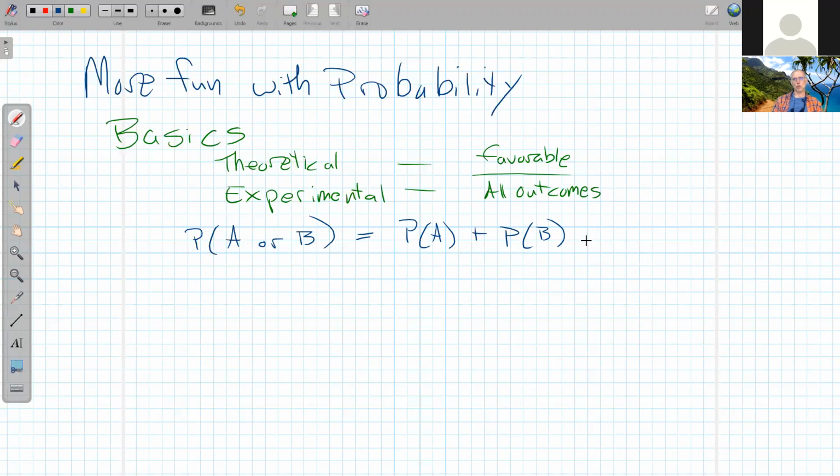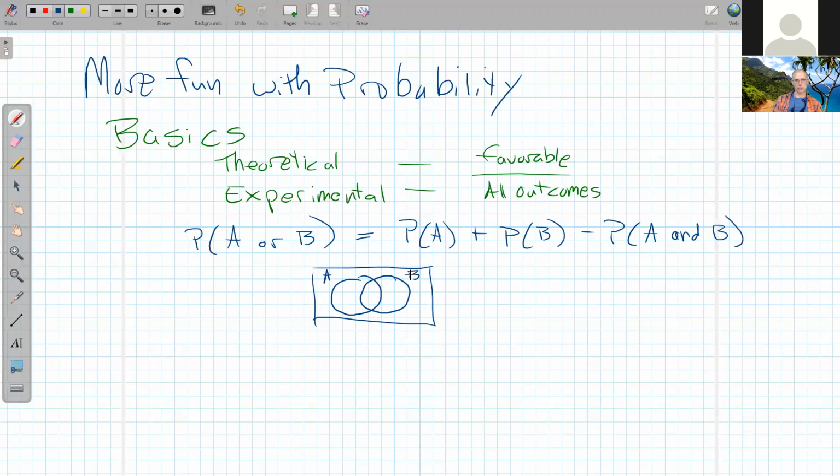But sometimes there's some overlap, and we have to remember that occasionally we have to subtract that overlap. And that related to the Venn diagram work we did quite a while back when we played with sets. And so sometimes analyzing probabilities, trying to find out what's going on, pictures like a Venn diagram can be helpful. So if this is A and this is B, then A or B happening is everything involving A or B together.